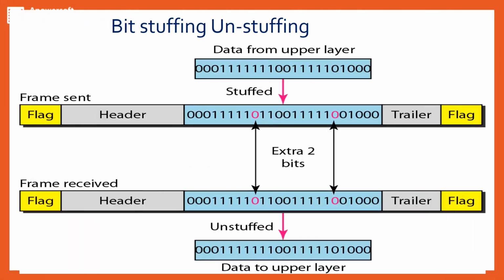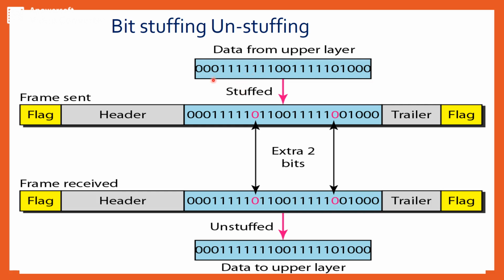The diagram shows bit stuffing and unstuffing. Here this is the data, 0 0 0 1 1 1 1 1 0 0 and so on. We have to check wherever 5 consecutive ones come. Here we have how many ones? 1, 2, 3, 4, 5, 6 and 7 ones.